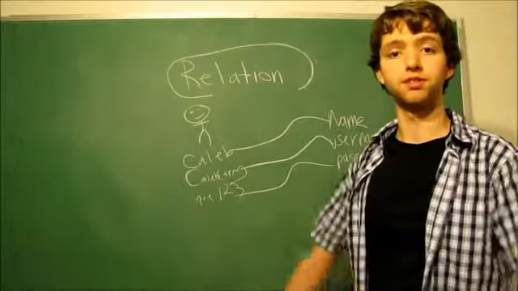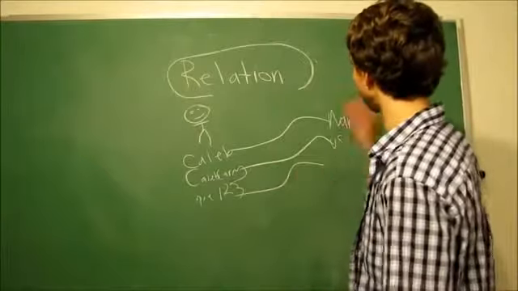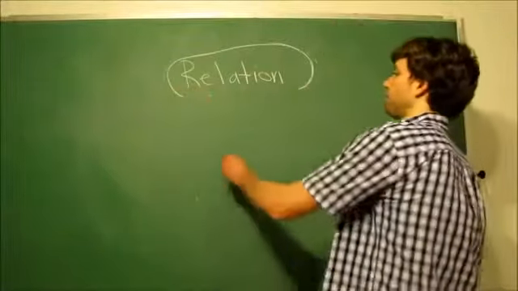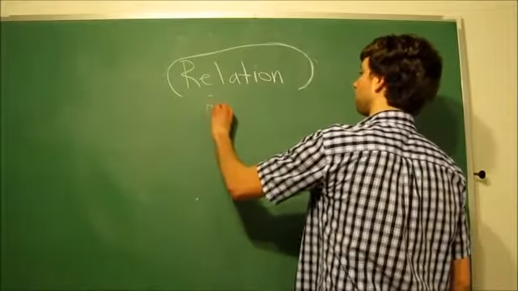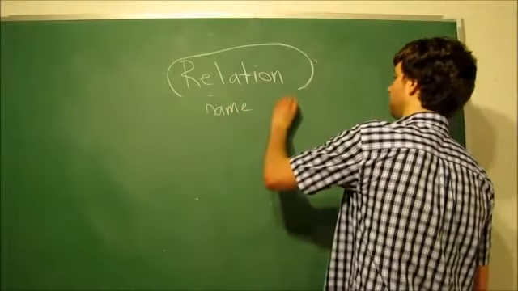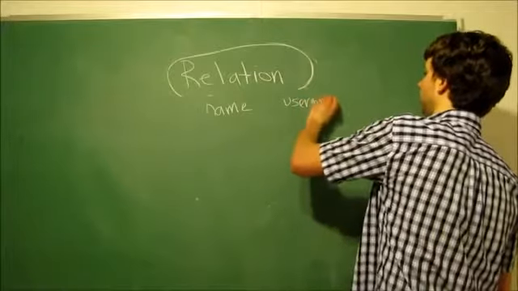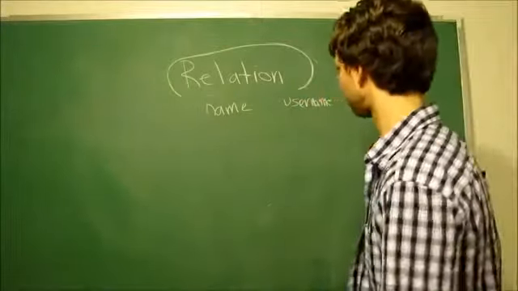So we store these in tables, which is exactly what we were doing with the relations. So up here in our columns, we have the name, and then we have the username, and then the password. Don't worry if you can't read my handwriting, you get it.